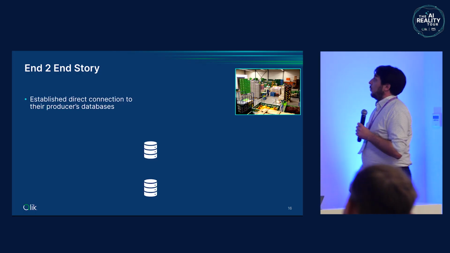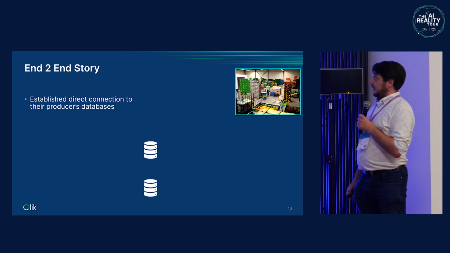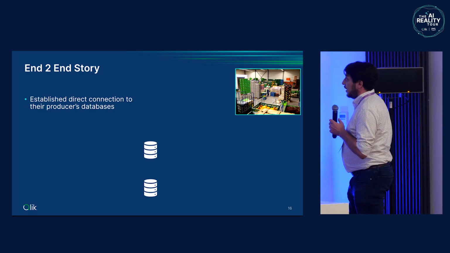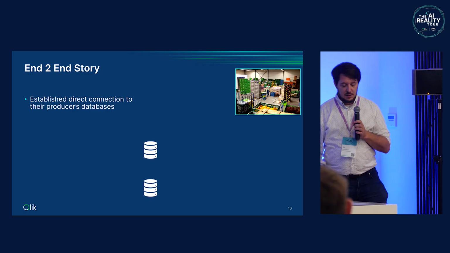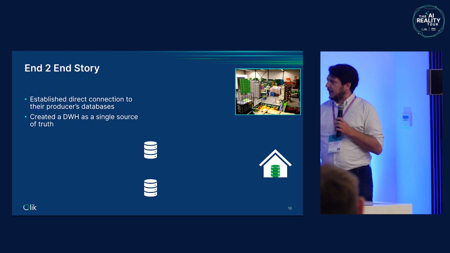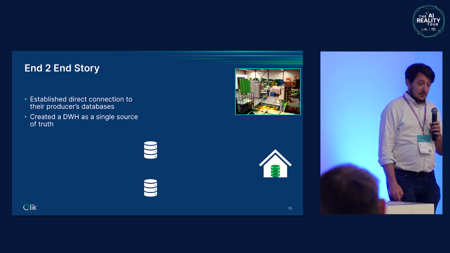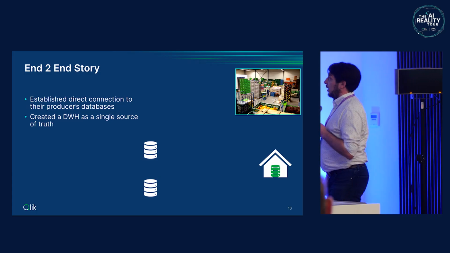So what did we do with our vegetable vendor? Basically, we established connections to the producers, which wasn't that easy, but with the VPN connections, we were able to get the data. And then we created the data warehouse.